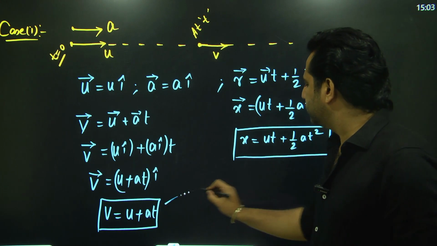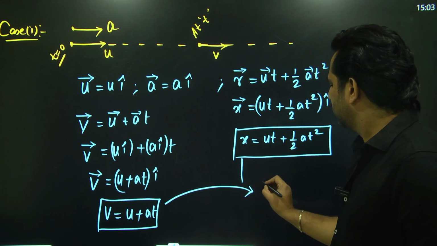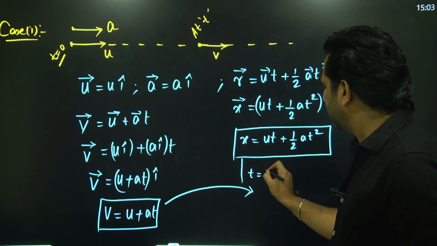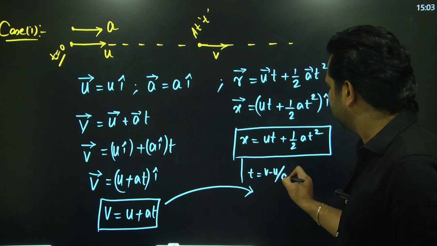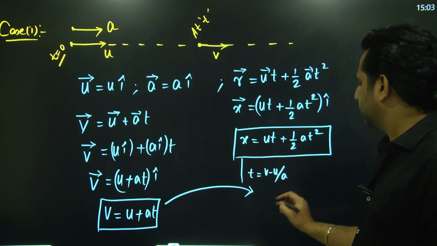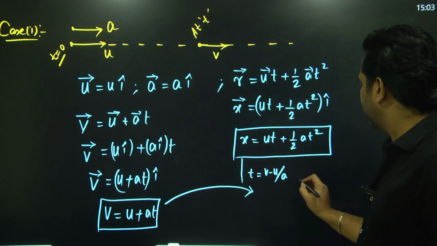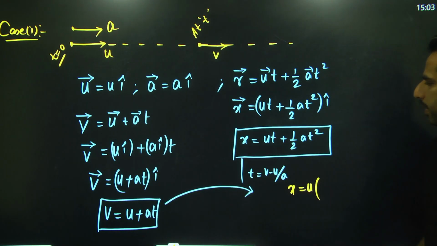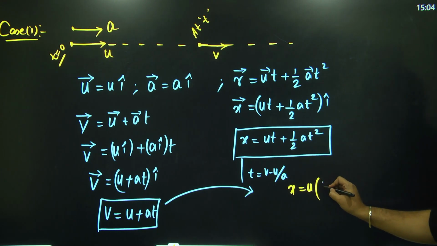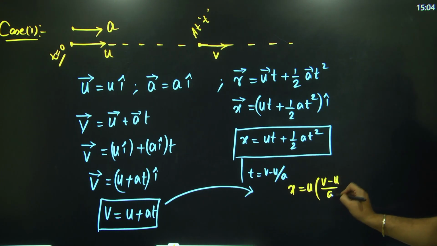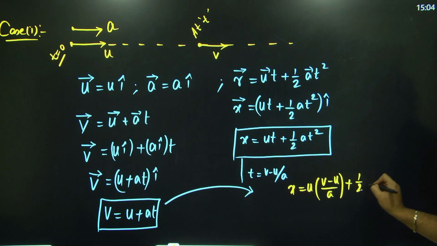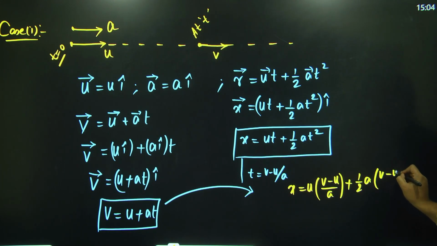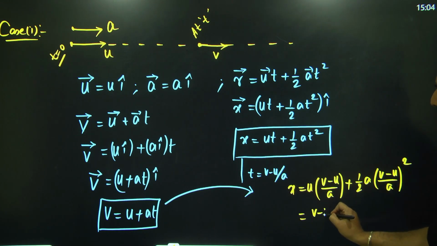I can combine these two equations and substitute t = (v − u)/a in the second equation and derive a different equation. x = u into, instead of t, I'll substitute (v − u)/a, plus half a times ((v − u)/a) whole squared. Simple calculation, (v − u)/a is common.